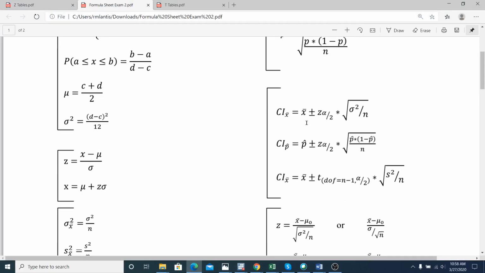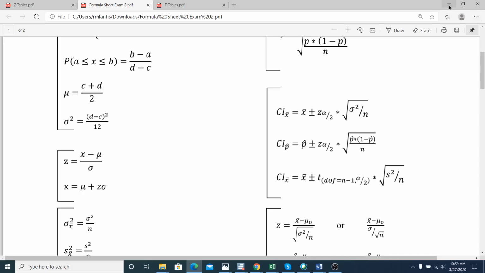I'm not looking at a sample mean, I'm looking at a sample proportion. So this is the one that I'm going to use. All I need is my sample proportion, which is 0.55, my sample size, which was 40 schools, and now all I have to do is find the z-score.